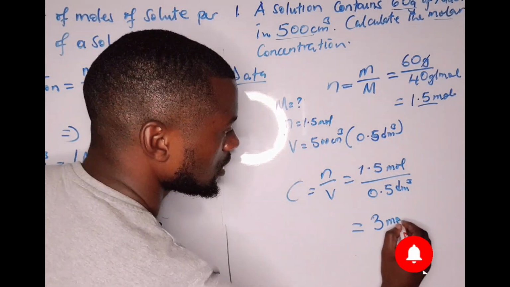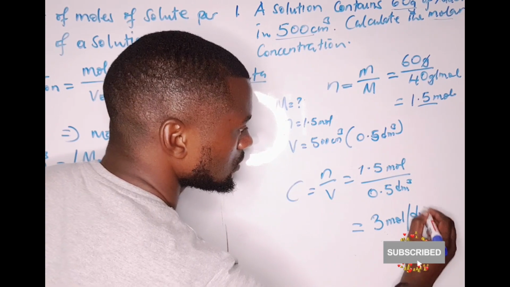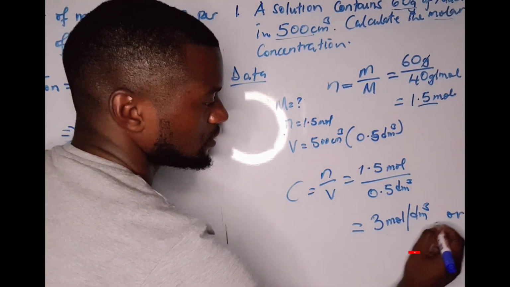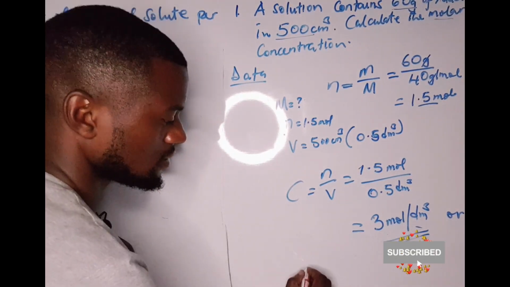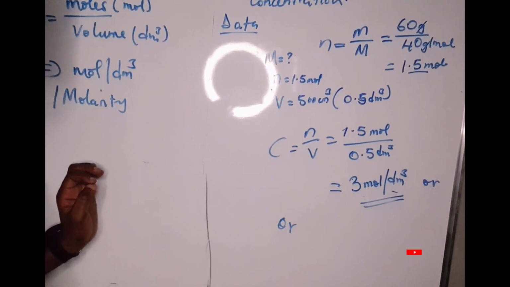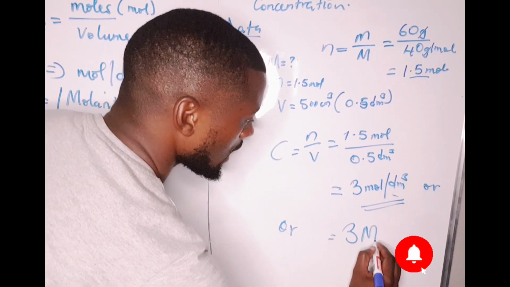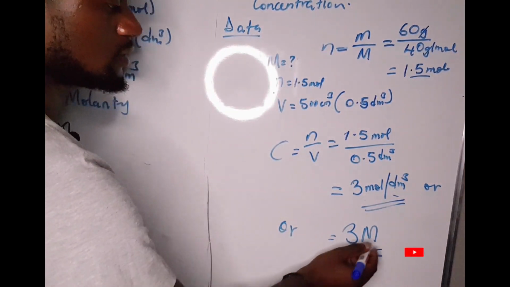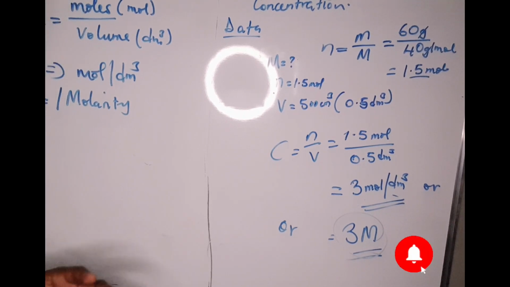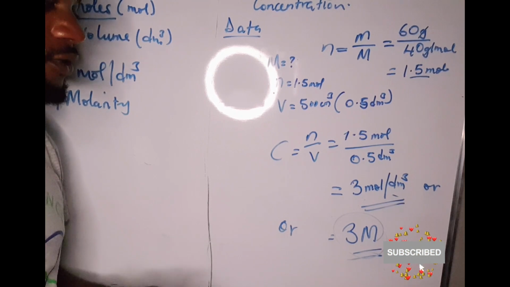When you divide these two, you're going to have 3 moles per cubic decimeter. If you don't want to write 3 moles per cubic decimeter, you can just say it's equal to 3 molar. Both are correct, and it all depends on which one is workable for you.